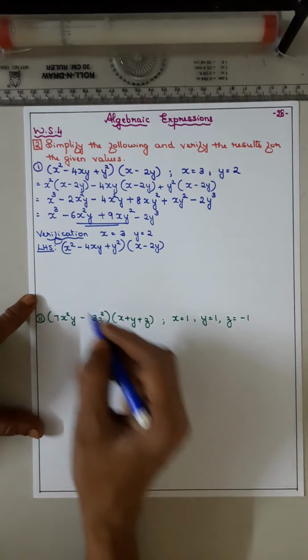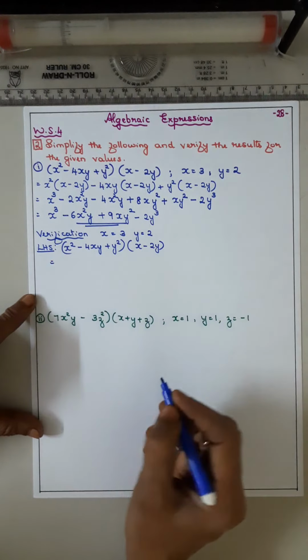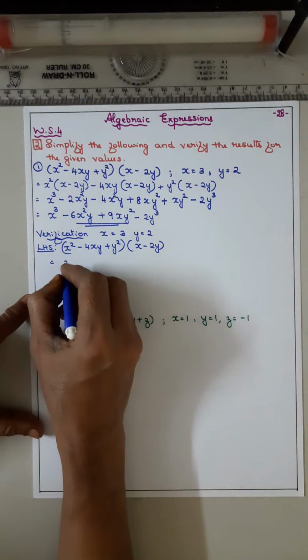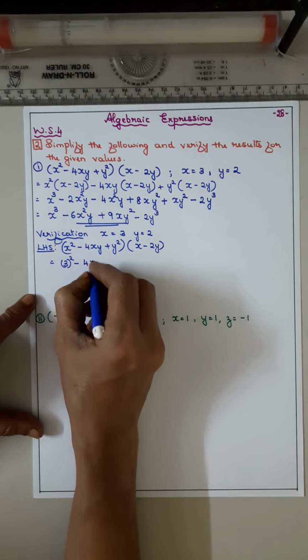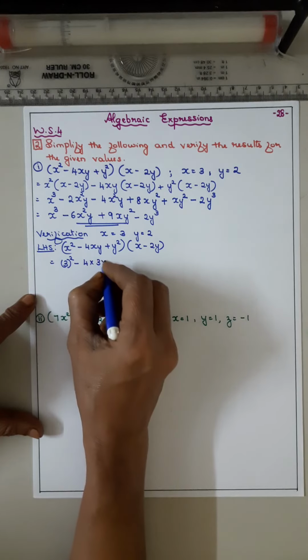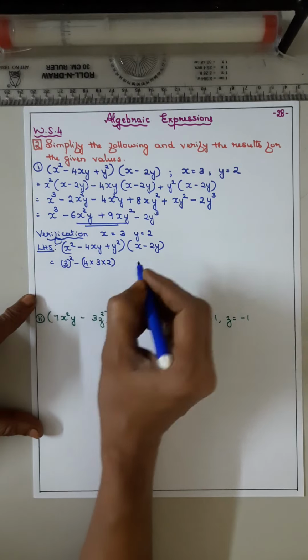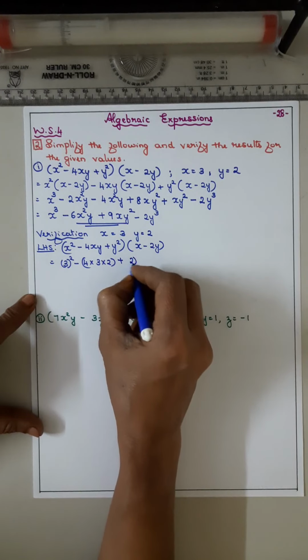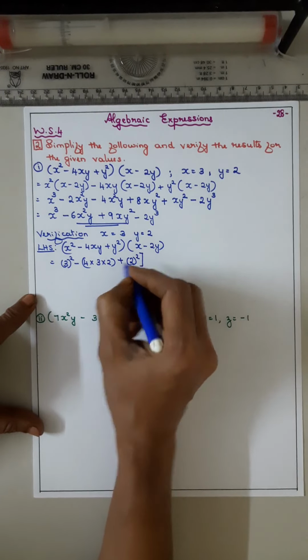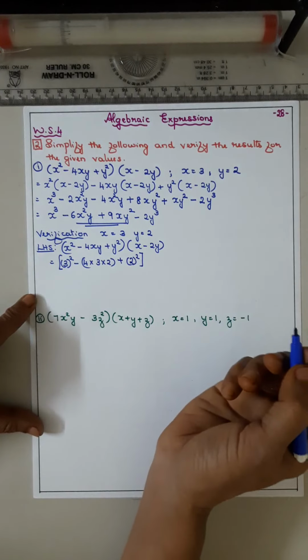Now put the values. It is x squared, means 3 squared, minus 4 into x is 3, y is 2 within the bracket. Now plus y squared, that is 2 squared. So this is the first expression.